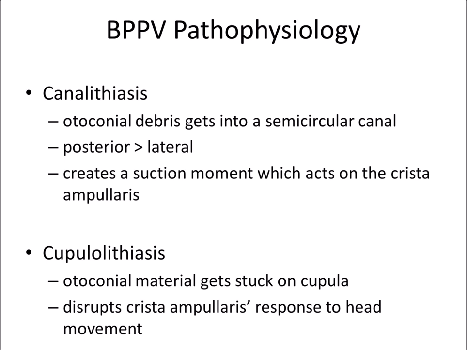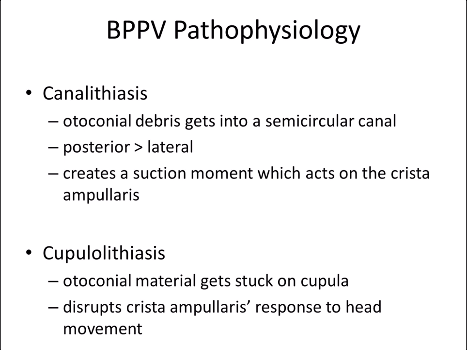The pathophysiology of BPPV is quite simply that the otoconia from the utricle get stuck in one of the semicircular canals. This is known as canalithiasis. It's more common to have posterior canalithiasis than lateral canalithiasis, simply because the posterior canal is posterior or inferior to the utricle and gravity happens.